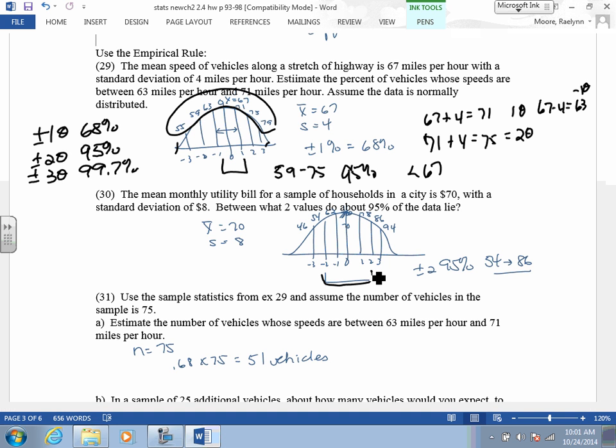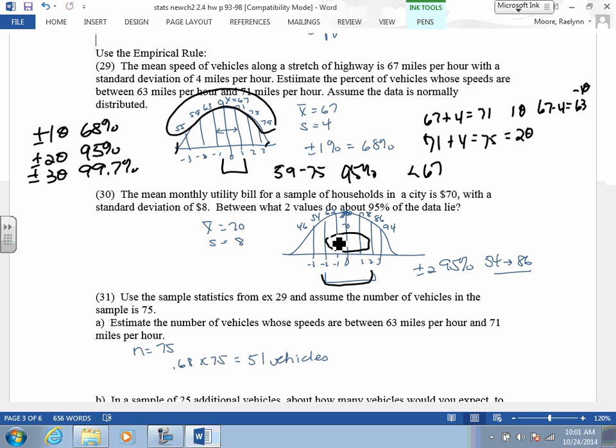If you went from here to here, you could actually just add those percentages up off your chart. They're a little bit higher than 95 because it's got a decimal in there. Like 68, it's 68.2 technically. So it's a little tiny bit higher. But your empirical rule is just rounding.